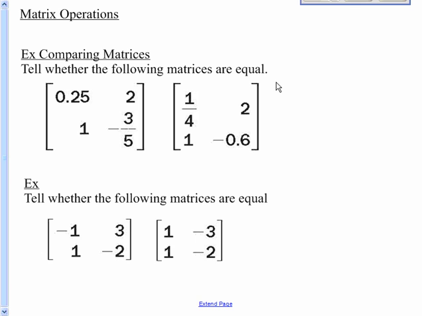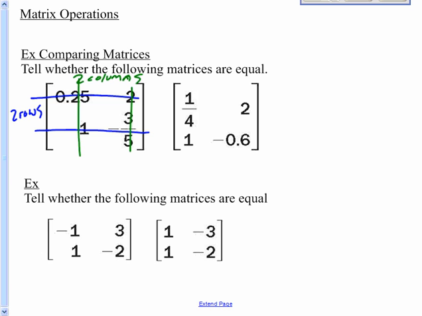So with this first example, if we're comparing matrices, to be equal, you have to have the same entries and the same dimensions. First of all, the dimensions are rows by columns. You notice you have two rows here by two columns in this matrix.